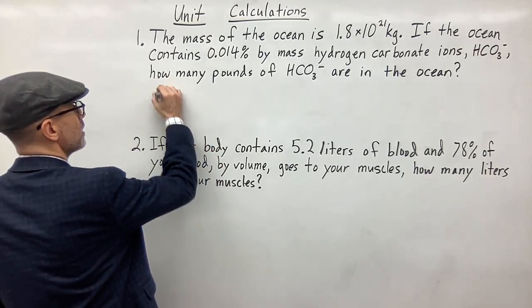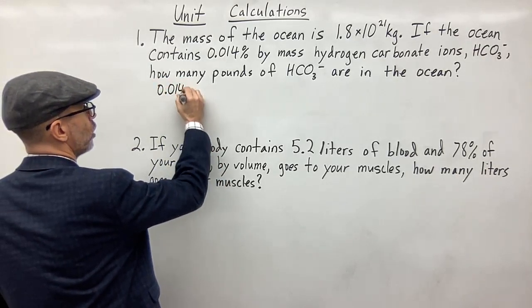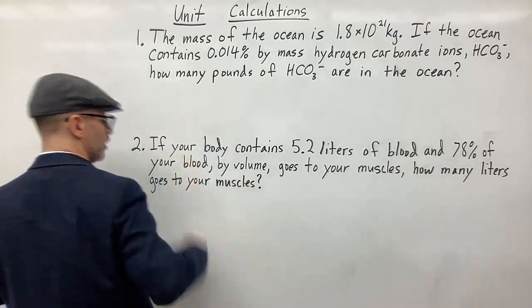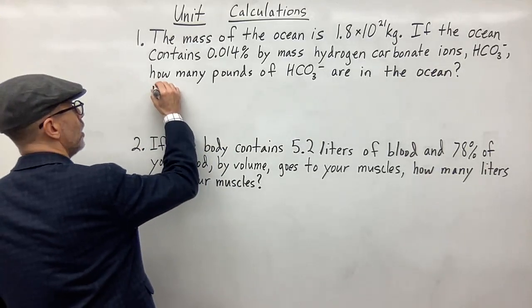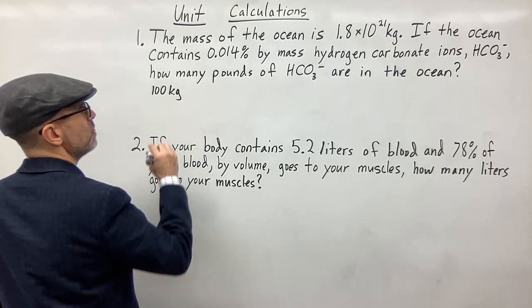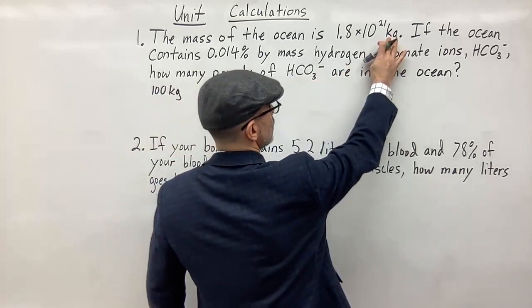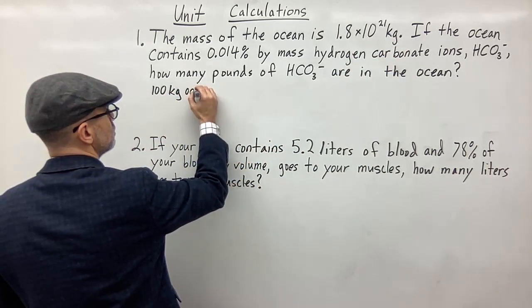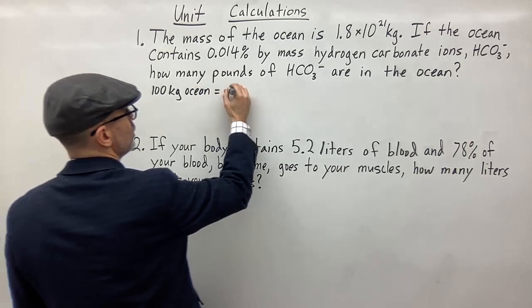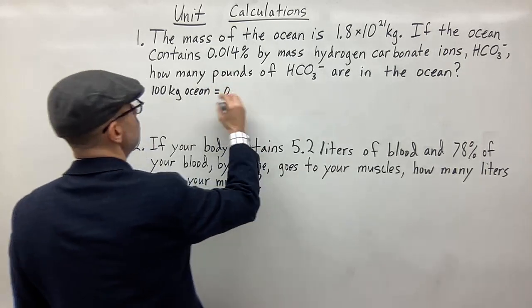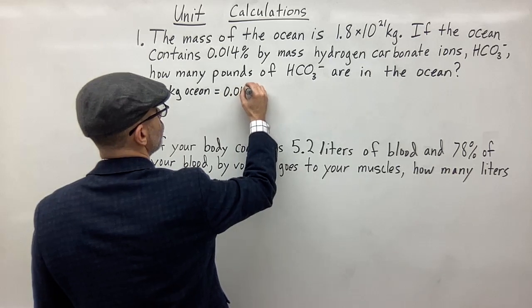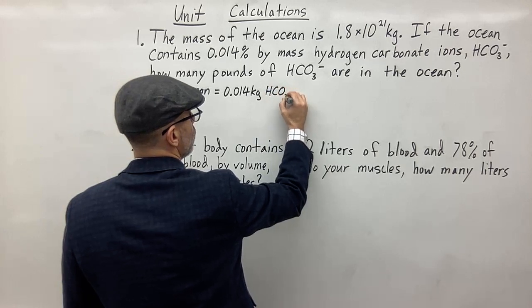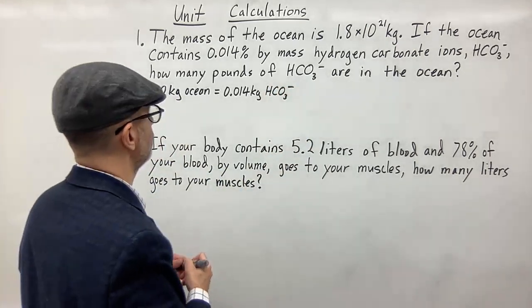So what this means is out of 100 kilograms, and I'm saying kilograms because they give us kilograms of ocean, so out of 100 kilograms of ocean, that's going to be equal to 0.014 kilograms of your HCO3 minus, your hydrogen carbonate ion.